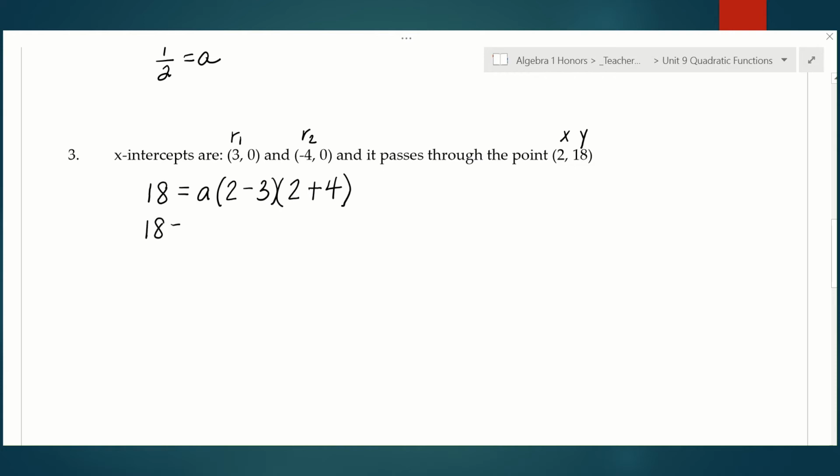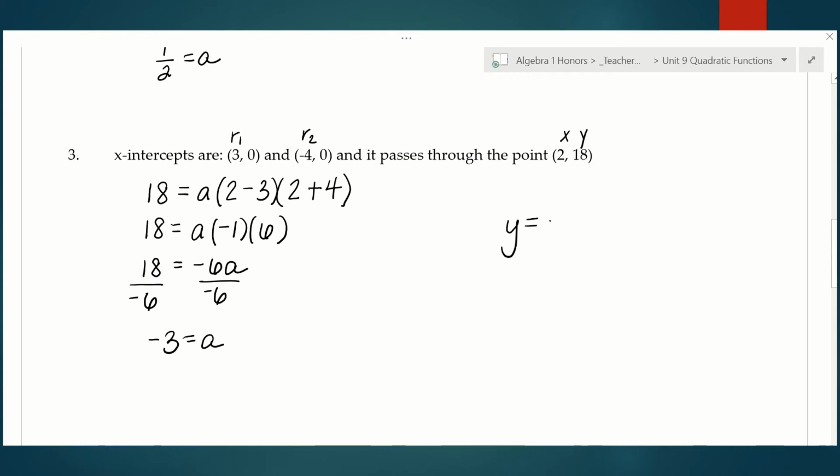Okay, we'll simplify. -1 times 6, so this is going to be -6a. And when I divide, I get that a is -3. All right, so y equals -3 times x minus 3, and then this would be x minus -4, so that's just x plus 4.